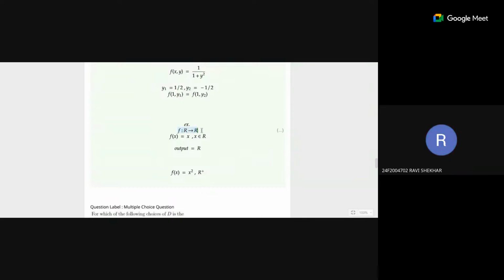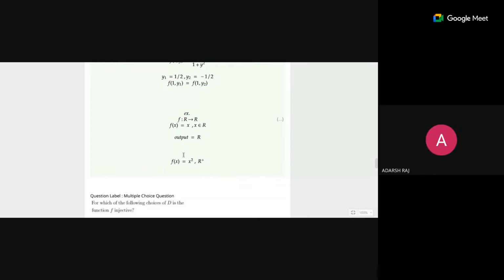We are comparing the range of the function with the codomain. Here the function is defined from real numbers to real numbers, and the output of this function is all real numbers. If the output equals the codomain, then we say this function is onto.